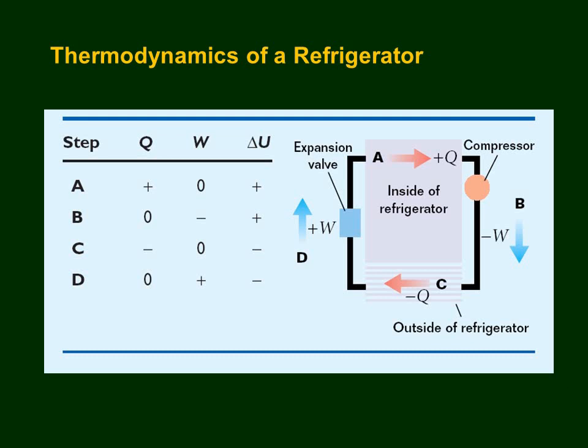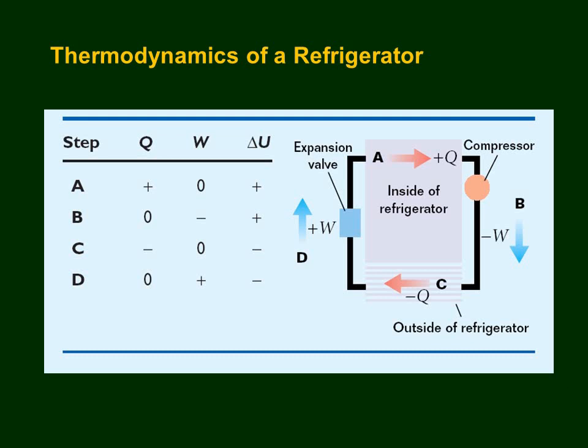As Q is positive, delta U will be positive. At point B, when the compressor compresses the gas, work is done on the gas, so the work will be negative, and there is no change in heat as the process takes place rapidly. As work is negative, delta U will be positive. The internal energy will increase, and the change will be positive.